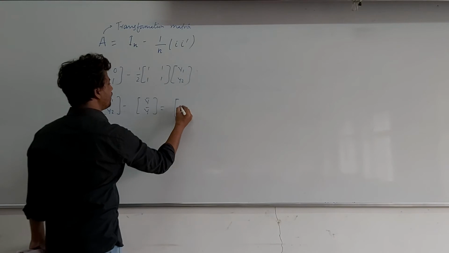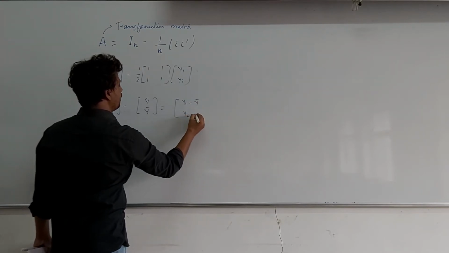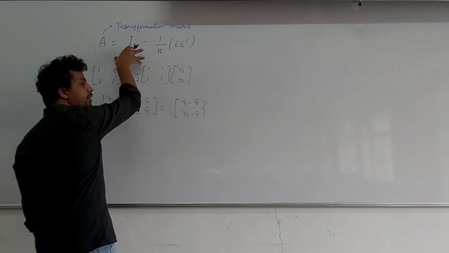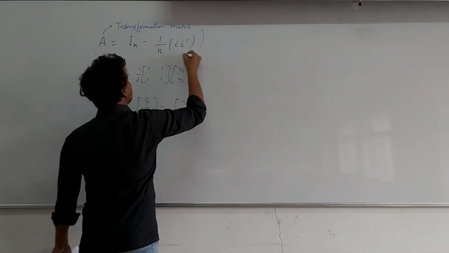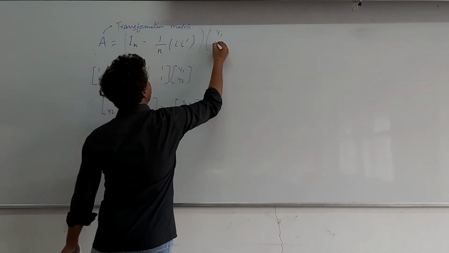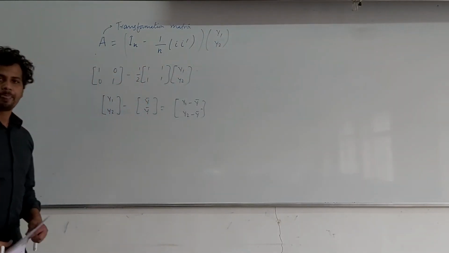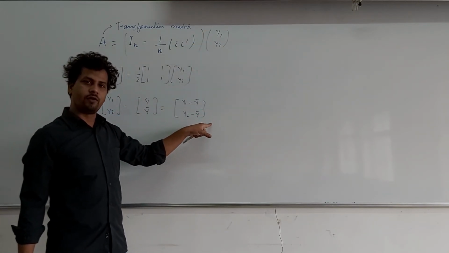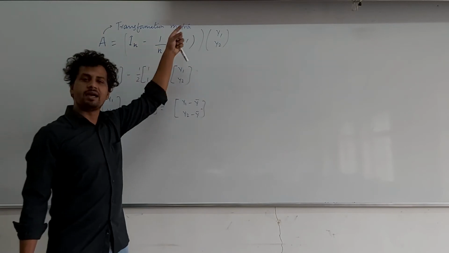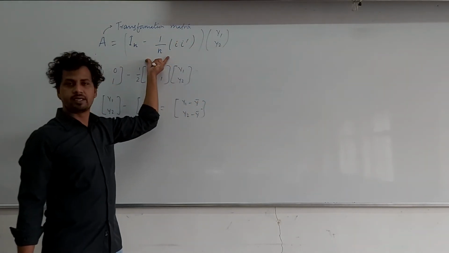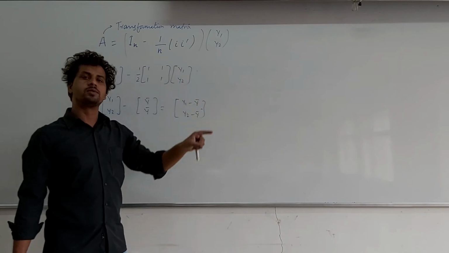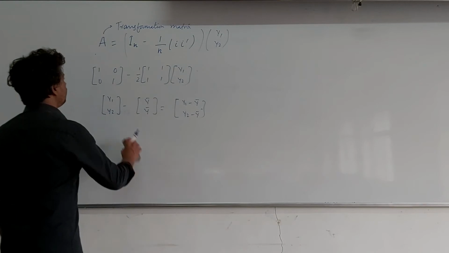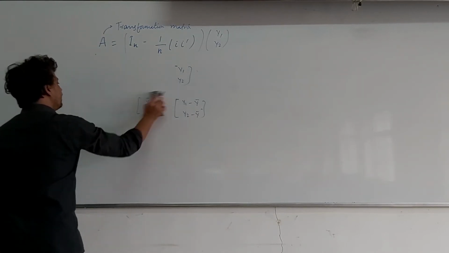So this term becomes y1 minus y bar, y2 minus y bar. And how did this come about? What I did is I pre-multiplied this transformation matrix by a column vector consisting of two observations on y. Similarly, you can imagine a column vector consisting of n observations, and if you pre-multiply that column vector with this transformation matrix, it will transform all such observations into their deviation form. Okay. Let us go ahead now.